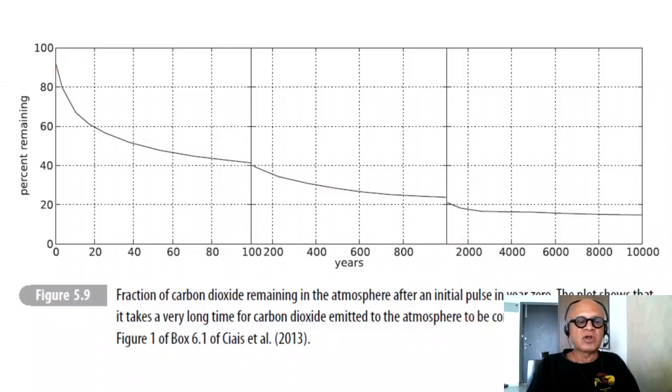You can see the plot shows it takes a very long time for carbon dioxide emitted to the atmosphere to be completely removed. The scales are changing here: this is the first 100 years, then the next 1,000 years, and the next 10,000 years.